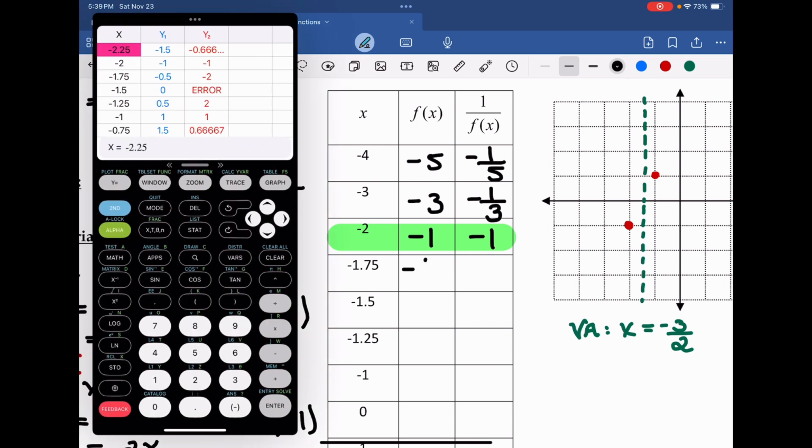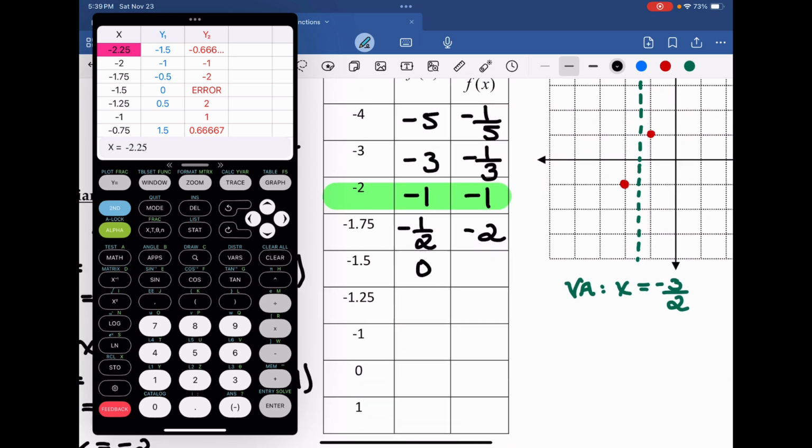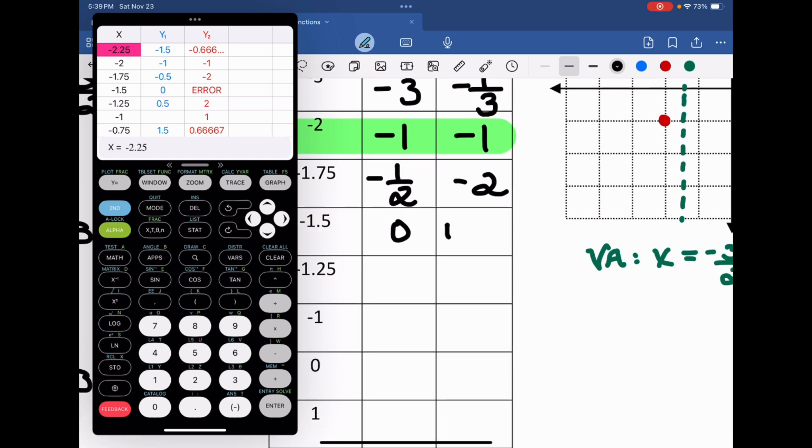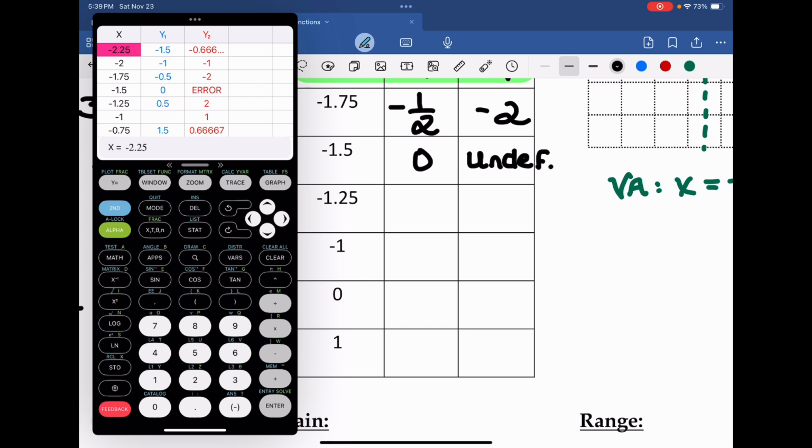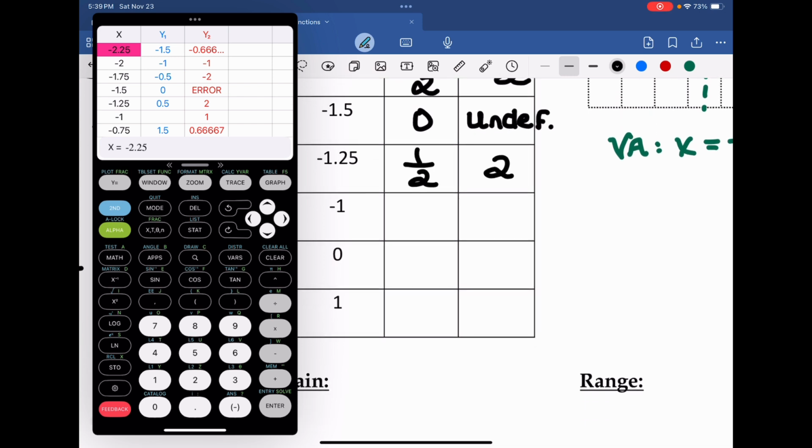So I'm going to just tuck that away for a second. This is negative 1 over 2. The reciprocal of that is negative 2. Negative 1.5 gives me 0. The reciprocal of this is undefined because you can't divide by 0, so undefined. Then we're going to go to negative 1.25, which is positive 1/2, and its reciprocal would be 2.